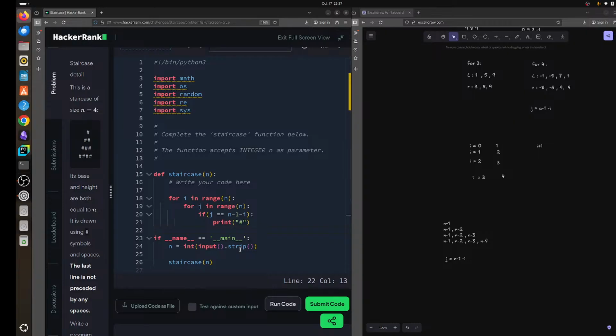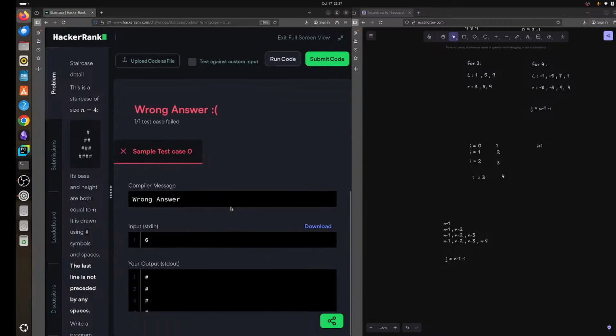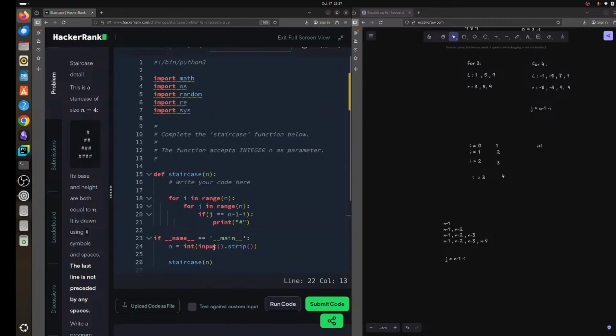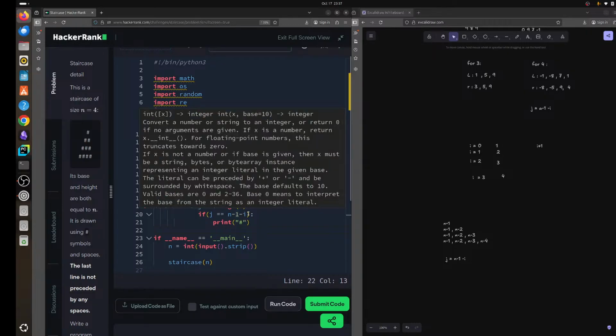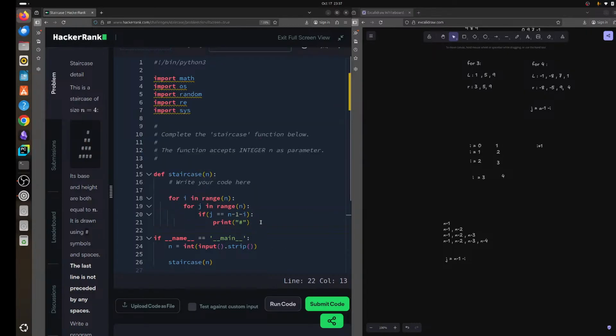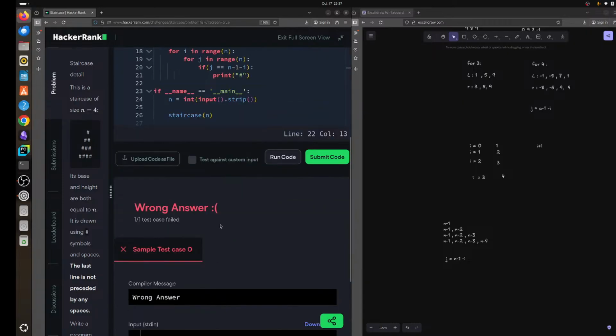If j equals n minus i, so 0, obviously 5 minus 1 is 4. First it will print 6 minus 1 is 5, fifth row, obviously. So it's fine. And then the second came, like here now 0 minus 1, obviously 4 minus 1 is 3, should print on third, right?